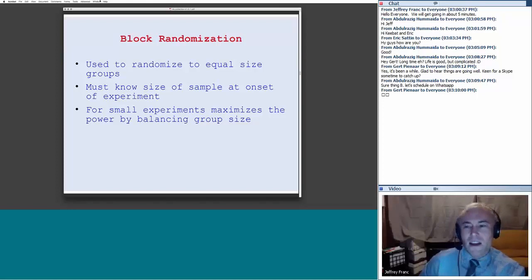You can imagine if you're doing small experiments, let's say that you have only 8 people in your experiment. I want to be sure I get 4 on one side and 4 on the other, because if I get 6 and 2, that small group of 2 won't have a lot of statistical power to make any assumptions. So we can use block randomization.